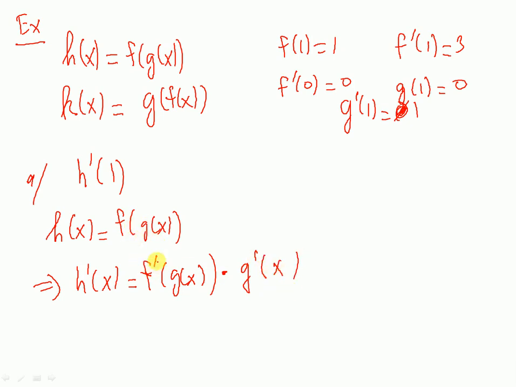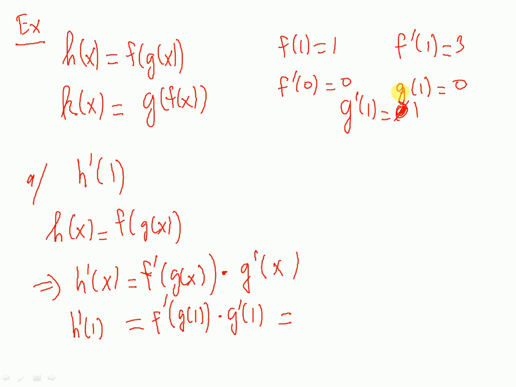That's the chain rule. Now h prime of 1 means the value of x becomes 1, so f prime of g of 1 multiplied by g prime of 1.